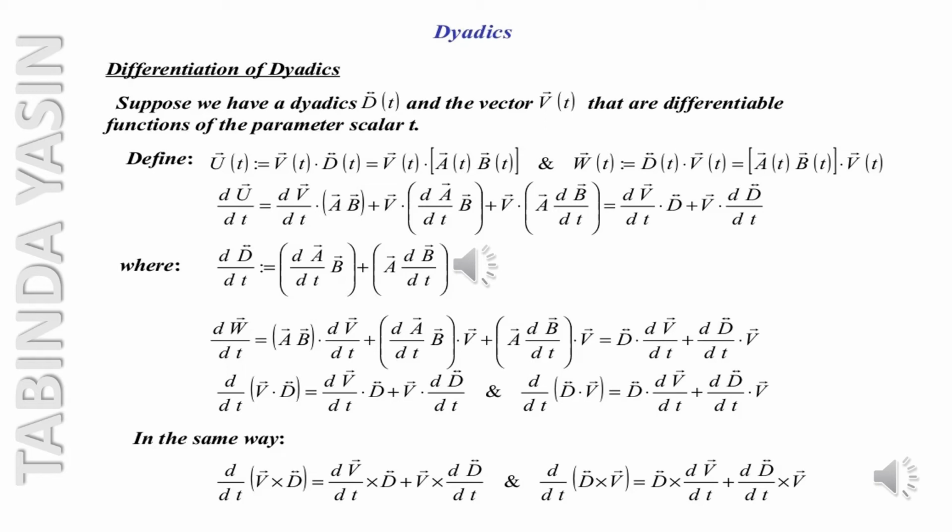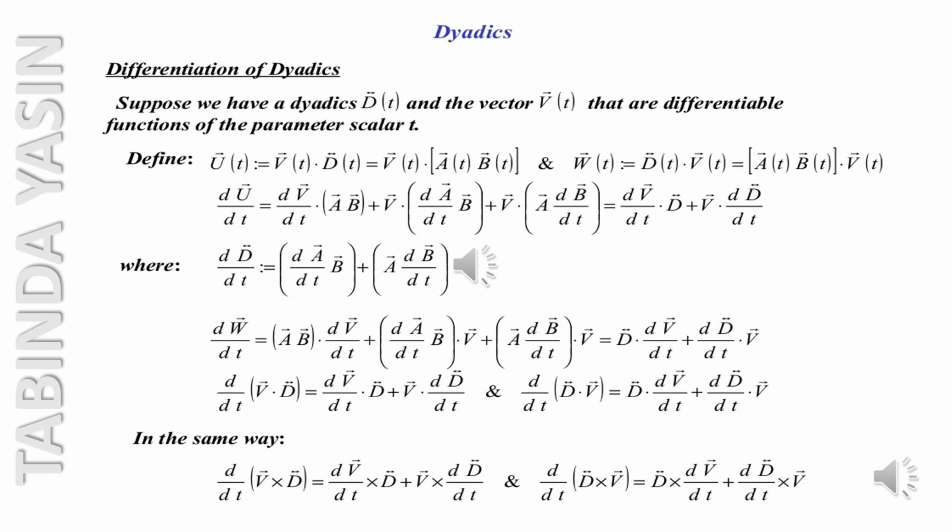The differential will be written as du/dt is equal to dv/dt dot a b plus v dot da/dt b plus v dot a db/dt, which is equal to dv/dt dot D plus v dot dD/dt, the differential of the dyad with respect to time, where dD/dt is equivalent to da/dt b plus a db/dt.